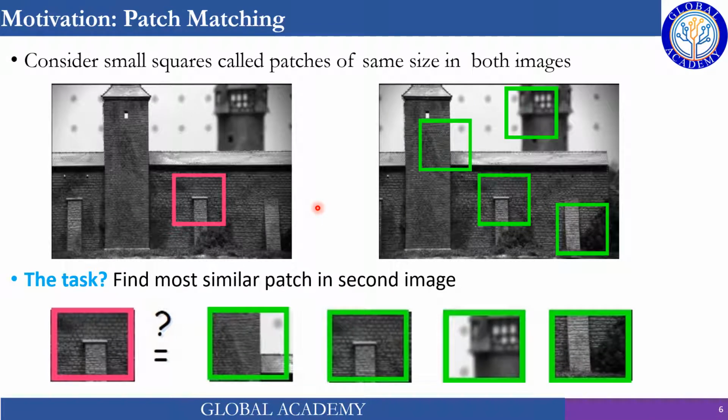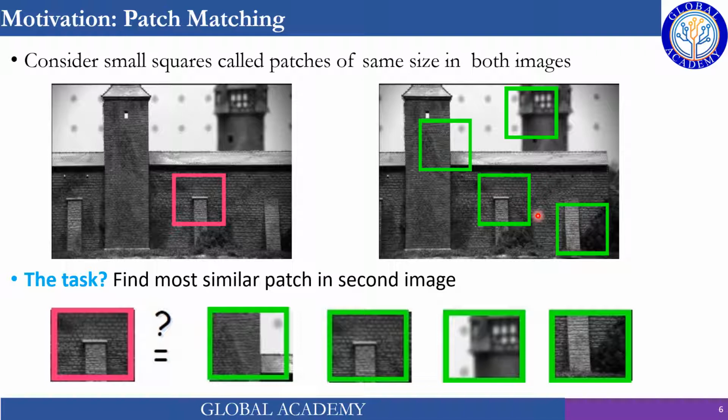With patch matching, we consider small patches selected from different images. There is a huge chance that the merging of two images based on patches gets confused. We have a patch over here and a patch over here which is a little similar to it, so there is a possibility that we confuse a patch with other patches.